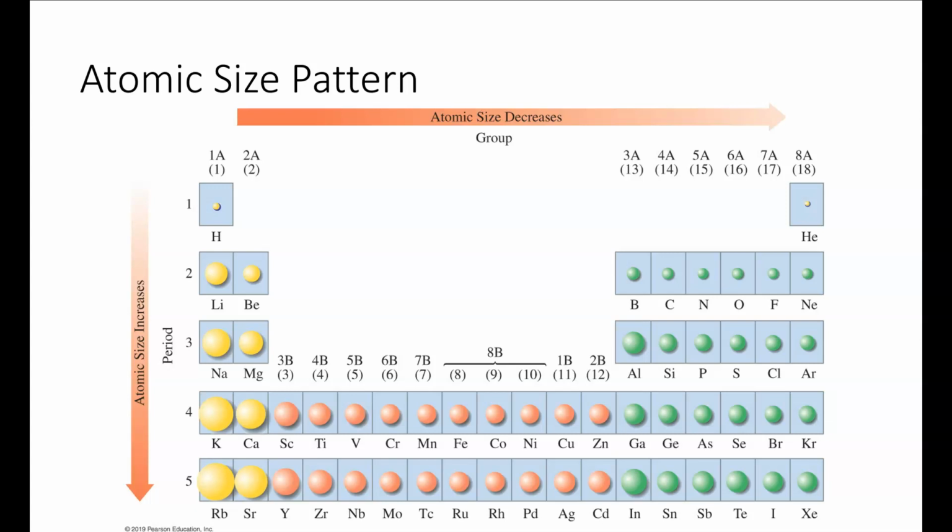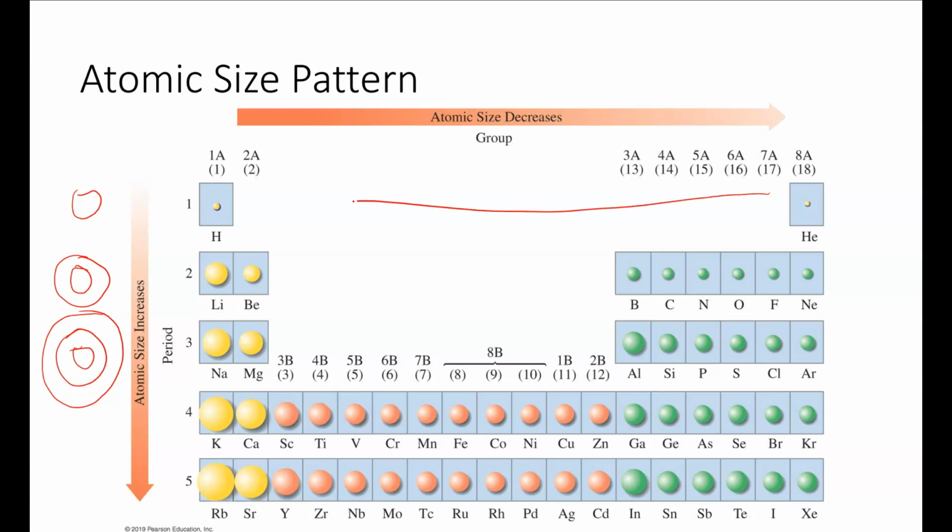First, we're going to look at the atomic size pattern. Atomic size decreases as we go from left to right across the periodic table and increases as we go from top to bottom. It makes sense that the atomic size increases as we go down, because as we go down, we're getting more and more layers of electrons. The atomic size decreasing across tends to make a little less sense to folks. Sometimes I think it helps to look at the size increasing this way.